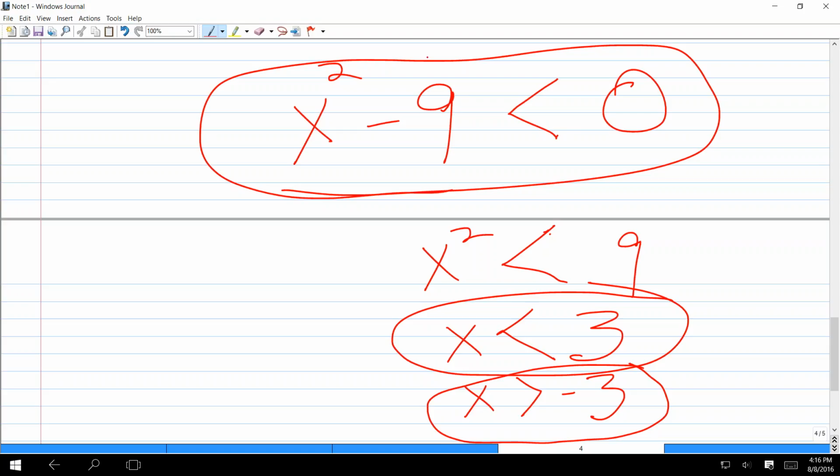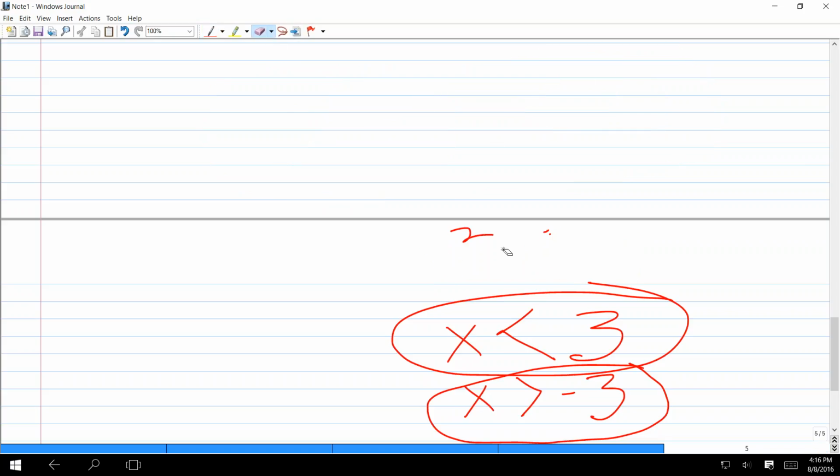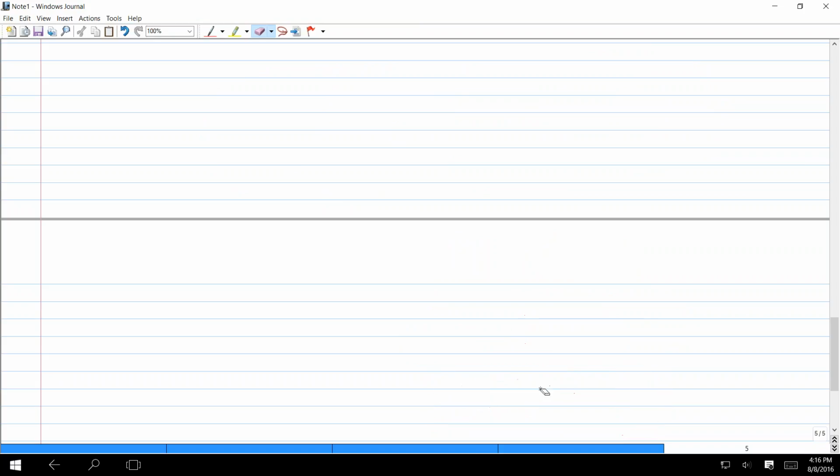Also, just by the way, you cannot divide by a variable. If I had x squared is greater than x, I cannot divide both sides by x to get x is greater than 1. The reason is that I don't know if x is positive or negative.